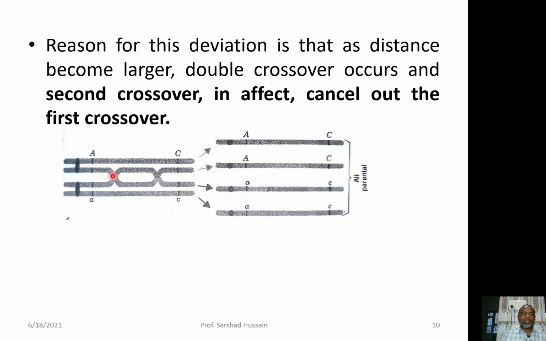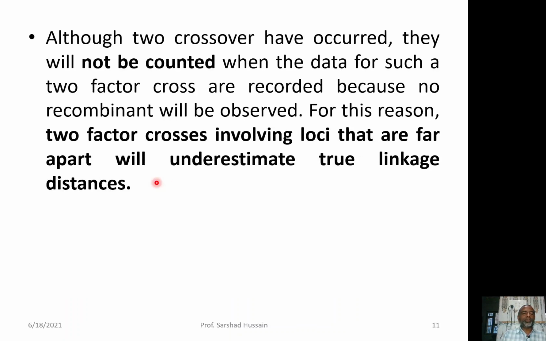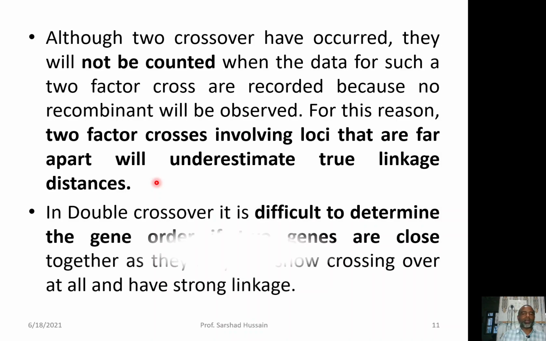So, it means the true distance between A and C is not exactly similar with the help of the two point crossover. It basically underestimates the distance, it shows less distance, otherwise the available distance is much more, because we are not able to find the crossover recombinants in the F1 or the offspring, where the recombinants are not present.